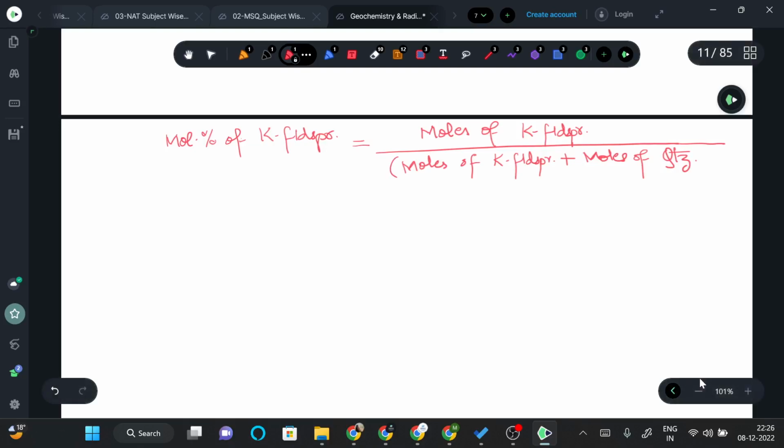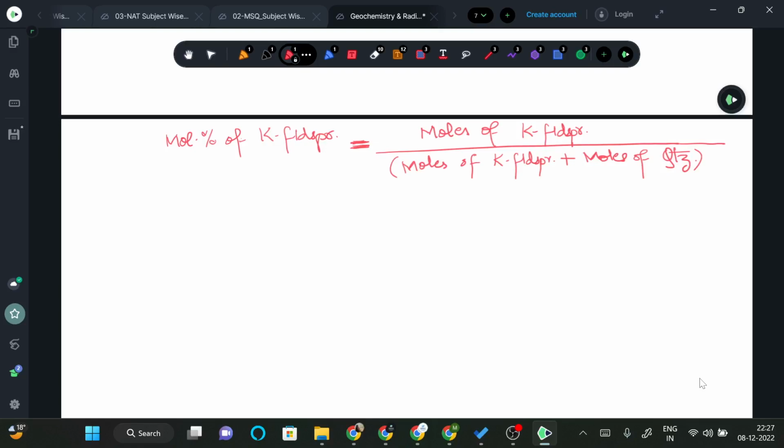So this is constituting the whole rock. When we try to calculate mole percentage of K feldspar in the rock, we will take into account everything that is there in the rock. So K feldspar and quartz are there because quartz is left out. So it will be in a form of free silica in the reaction, or we can say in the products. Okay.